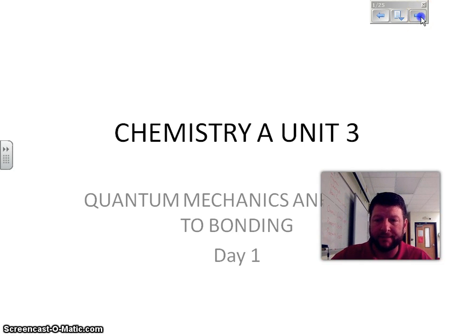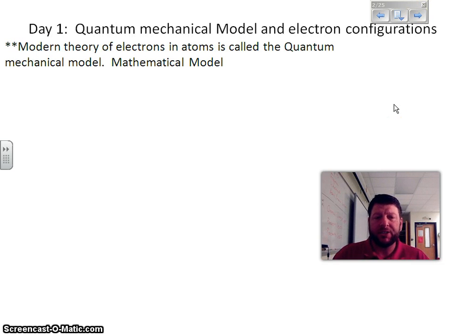Let's get started. The modern theory of electrons in atoms is called the quantum mechanical model. This is a mathematical model. Now, the two models that we've discussed so far include the Bohr model, which talks about the electrons that orbit around the nucleus in a fixed path, and it resembles the planets orbiting around the sun.